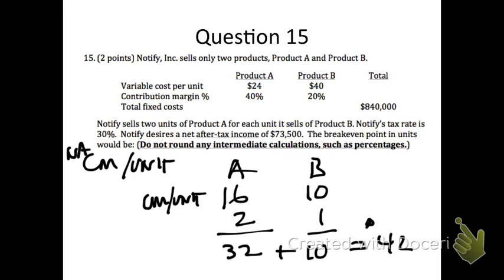But now, in order to use contribution margin per unit, we're going to divide that by the number of products.